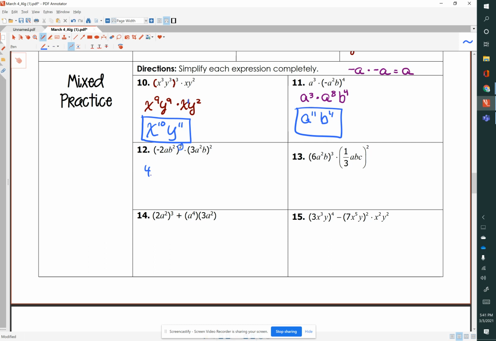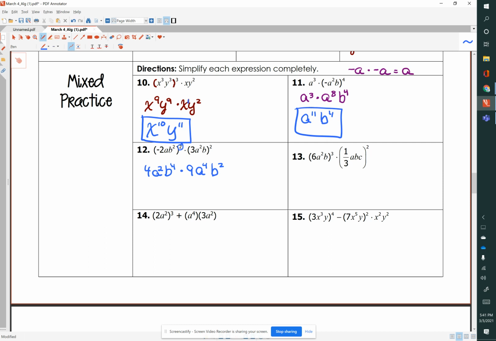A squared is a to the 1st power times a to the 2nd power, so that would be a squared. B squared, 2 times 2 is 4, times 3 times 3 is 9. A squared becomes a, 2 times 2, a to the 4th, and b to the 2nd power.